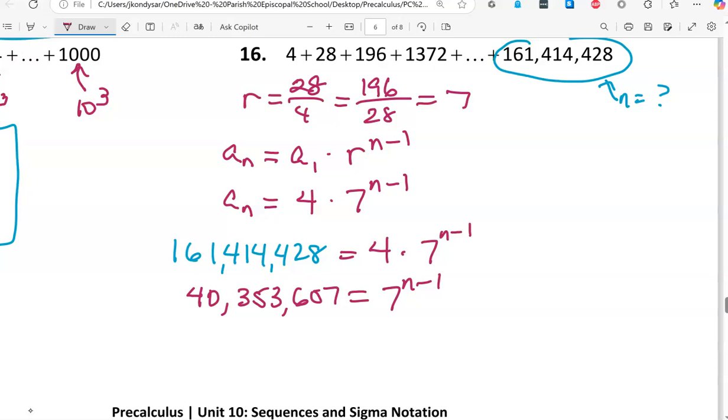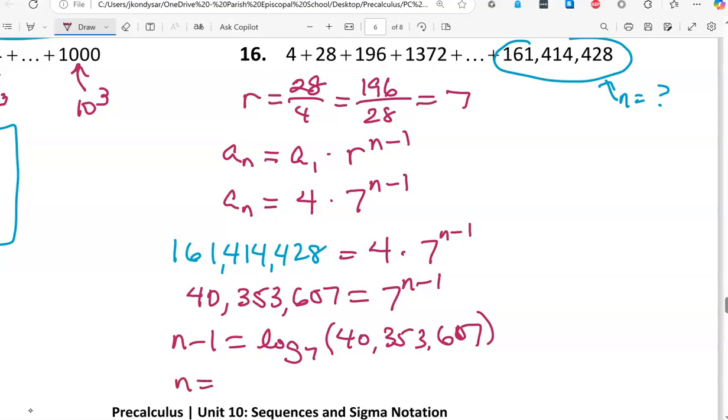If we want to solve for the exponent, it is equal to a logarithm. So the logarithm is base 7 of 40,353,607, and then adding 1, n is equal to 1 plus the logarithm base 7 of 40,353,607.